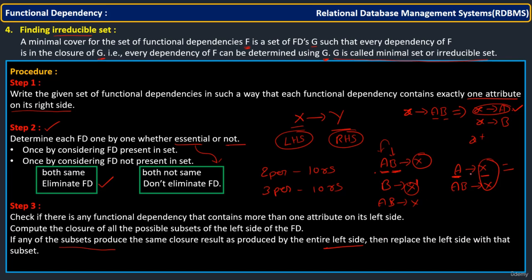Because A and AB both give the same result, we are going to replace AB to X with A to X. That is, replace the left hand side with this subset. Now onwards, for the next steps, we are going to have this FD. Whether you understand these things or not, just keep them in mind. Once we solve one simple example and you come back to the same steps, this is going to become very simple.